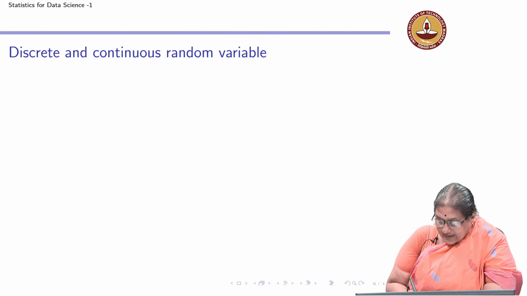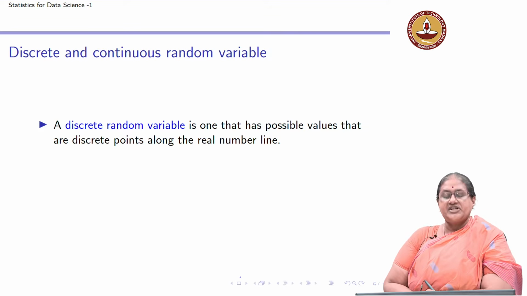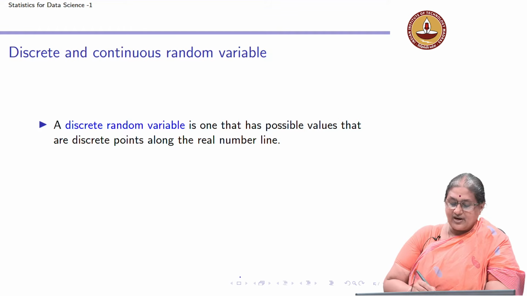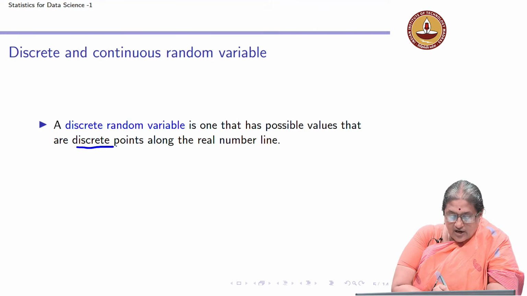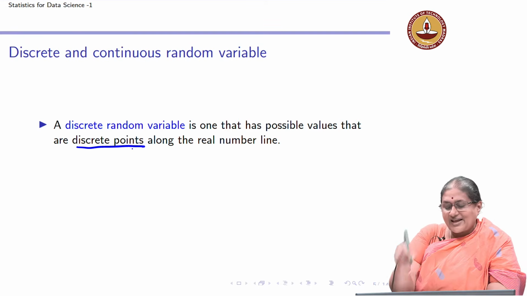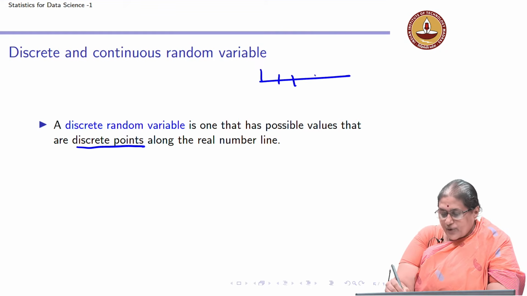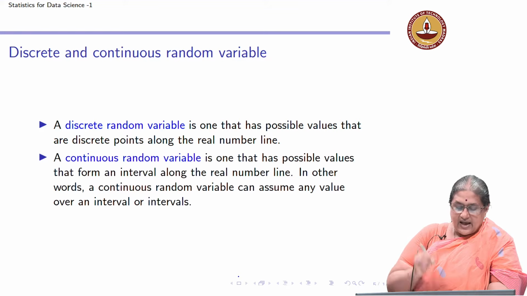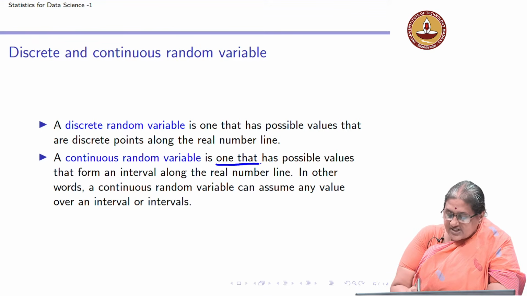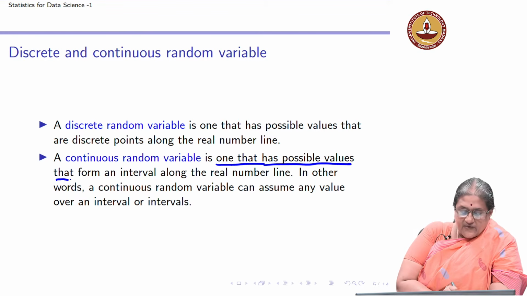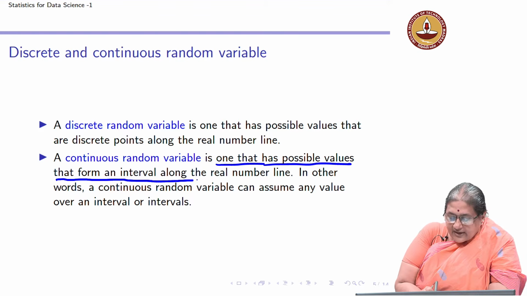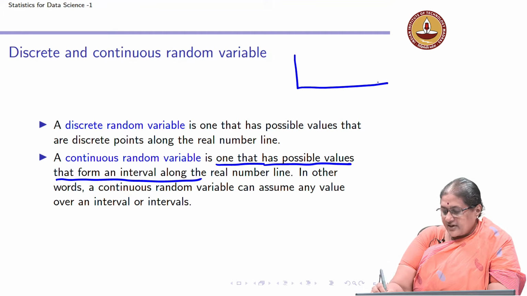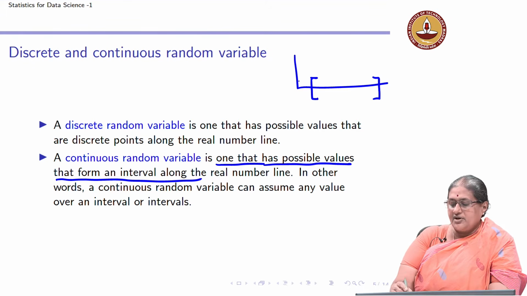So in other words, I can distinguish a discrete random variable, which has positive values along discrete points that I can count, whereas a continuous random variable is one that takes possible values that form an interval. That is, if I have a real line, it can take any value on the interval.